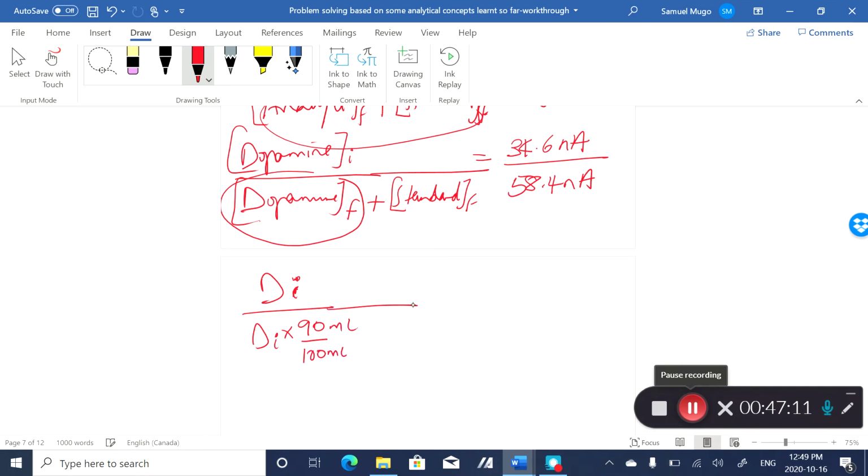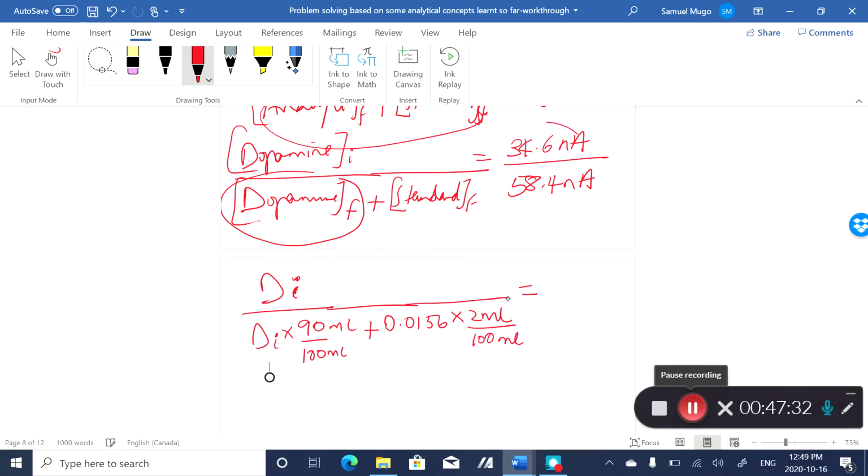Then you can see the standard, its concentration, again it was diluted, was 0.0156, and you had 2 mL of that, so volume initial divided by volume total, which is 100 mL.